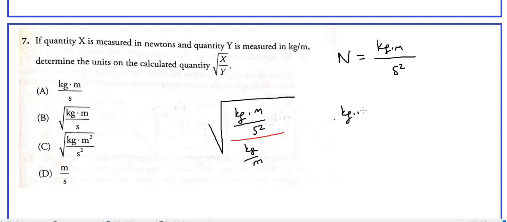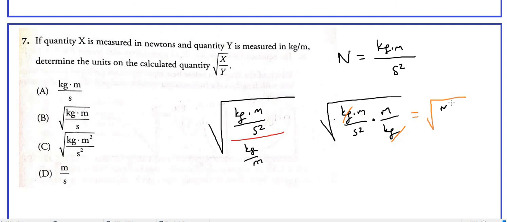So kilogram times meter over second squared times meter over kilogram, and we have the radical sign here. So here kilogram cancels kilogram, and we have meter squared over second squared, and that goes outside of the radical sign as meter over second if you take the square root of both numerator and denominator. So the answer is D.